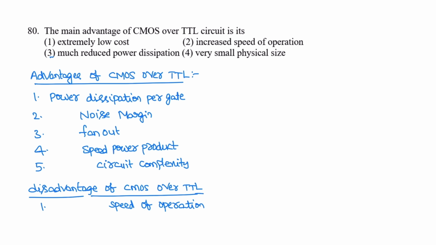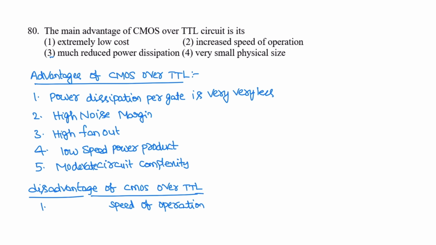The advantage of CMOS is that power dissipation per gate is very less, and it has a high noise margin and high fan out. It can drive more number of similar gates. It has a low speed-power product, and the circuit complexity is moderate. These are the advantages of CMOS.